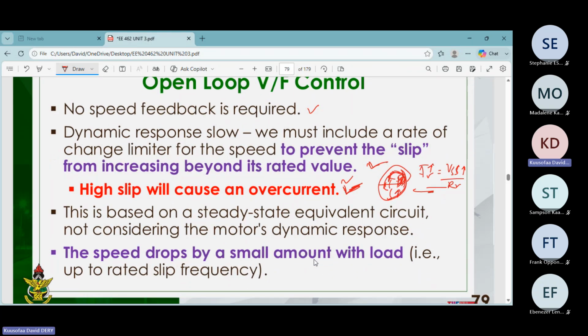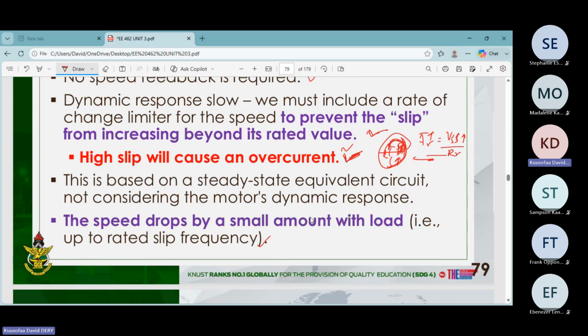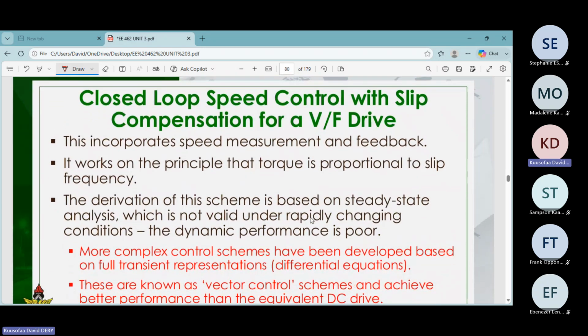So the speed drops by a small amount with load because of that. When you load it, the speed is going to reduce up to the rated slip frequency. So we have to improve that by using closed loop speed control with slip compensation for the variable frequency drive.